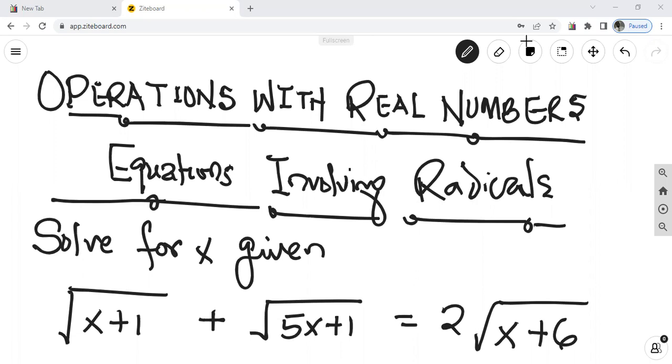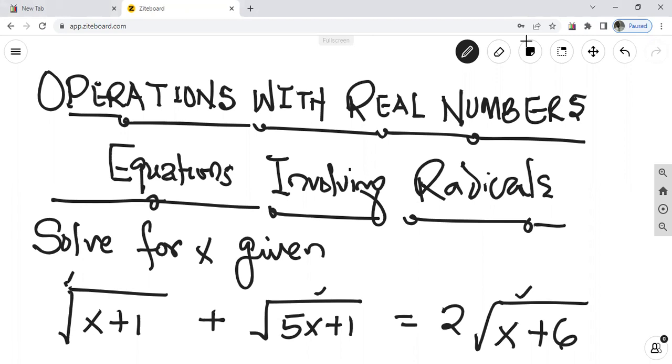This equation is called an equation involving radicals because of the square root sign. So in solving this equation, you must be really careful with the square root sign.